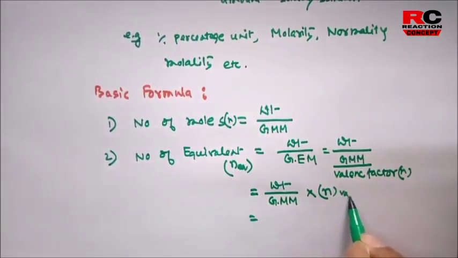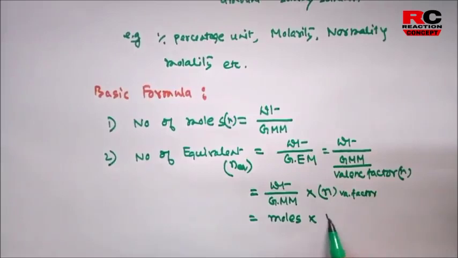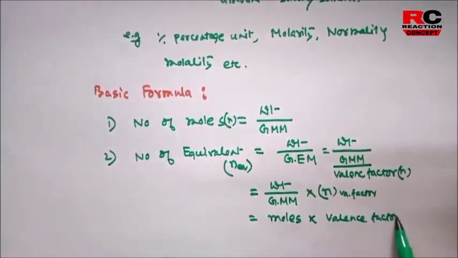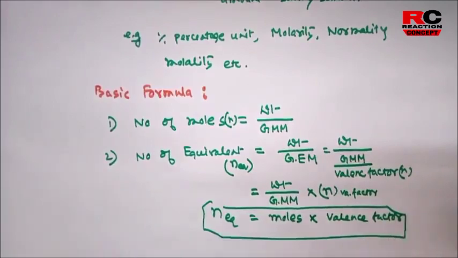This is the valence factor. So this will be equal to the number of moles of the substance into valence factor. So the number of equivalents can be written as number of moles into valence factor of the substance.